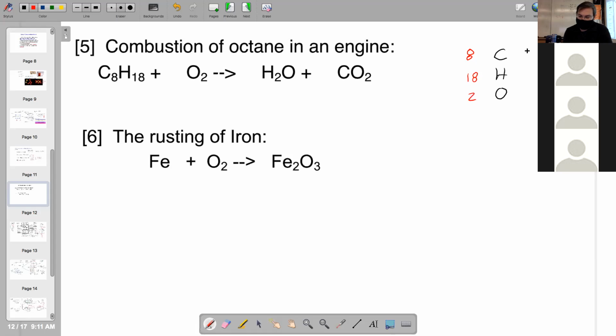On the right-hand side, there's 1 carbon, 2 hydrogens, and then 3 oxygens, because there's an oxygen in the water and 2 oxygens in the CO2.